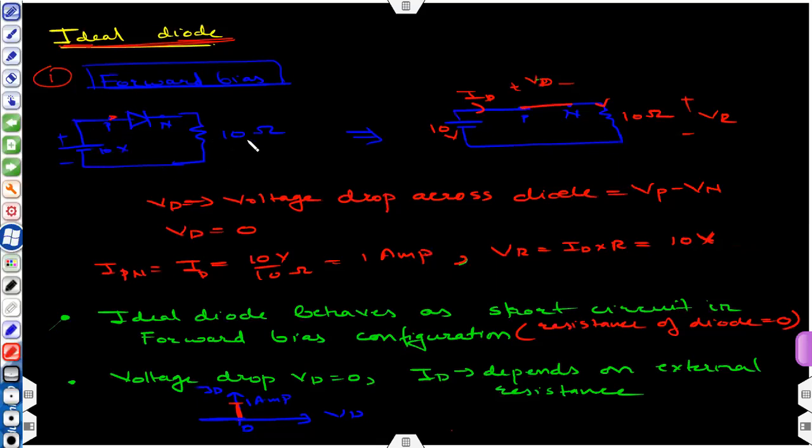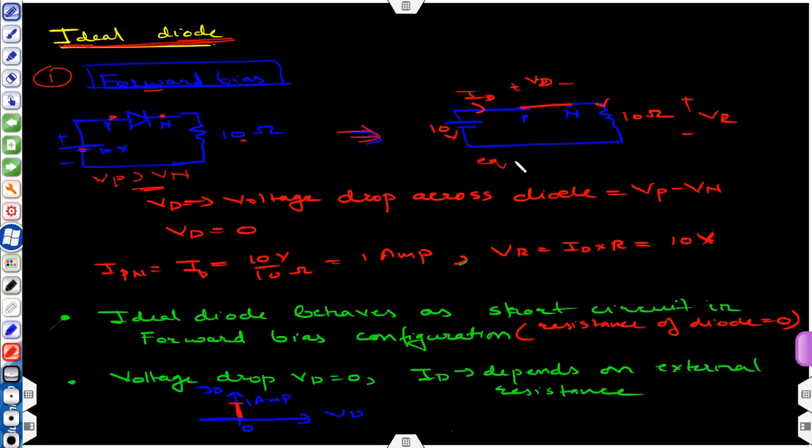We have a resistance of 10 ohm, and the N side is connected to the negative terminal of the battery via this resistance. At this point, Vp will obviously be greater than Vn, so your diode is in forward bias condition.